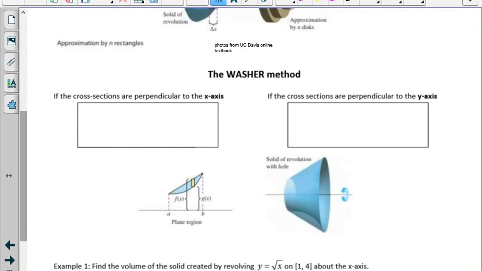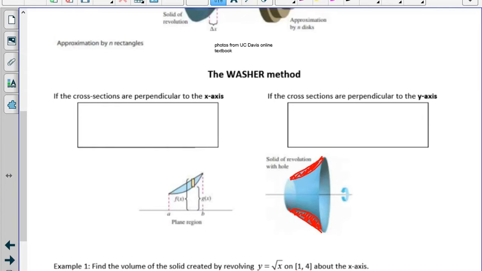And when we have two functions, and we're just finding that little area in between those two functions, and then we sweep that area in a 360-degree sweep around an axis or a line in order to find a volume, what we end up with is a picture that looks something like this, where all the way around there is some kind of thickness to it, but there is a hole on the inside.